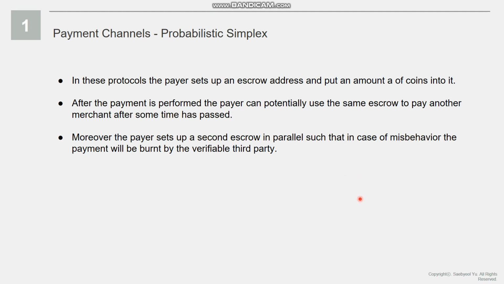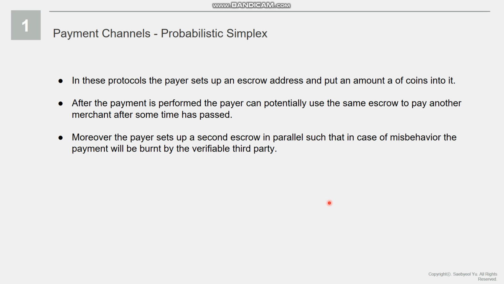In this protocol, the payer sets an escrow address and puts an amount of coin into it, and after the payment is performed, the payer can potentially use the same escrow to pay another merchant after some time has passed. Moreover, the payer sets up a second escrow in parallel such that in case of misbehavior, the payment will be burnt by a verifiable third party.